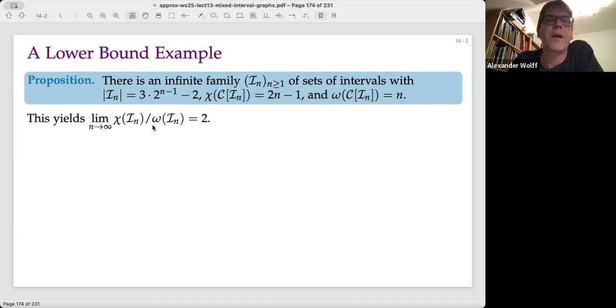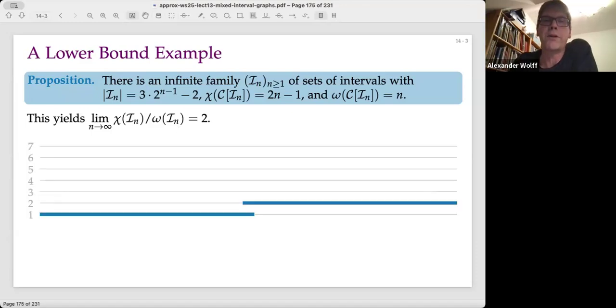So in the limit, this gives me a family of intervals where the ratio between the chromatic number, the number of colors, and the clique number, so the size of the largest clique, they are a factor of 2 apart.